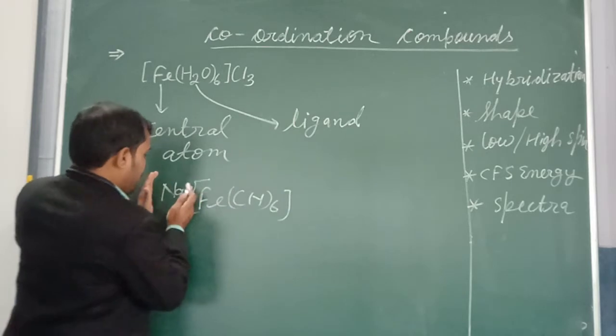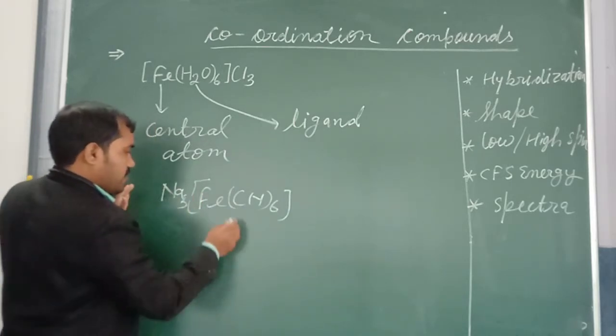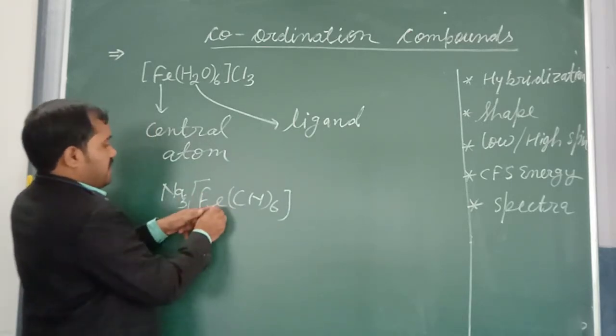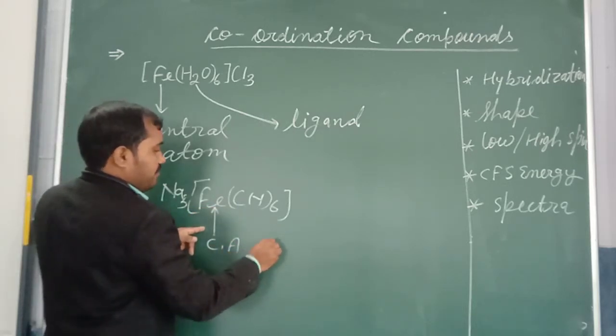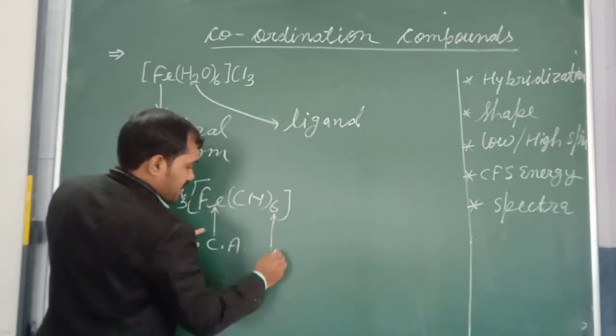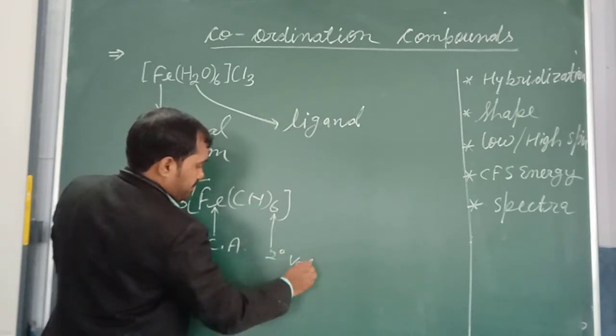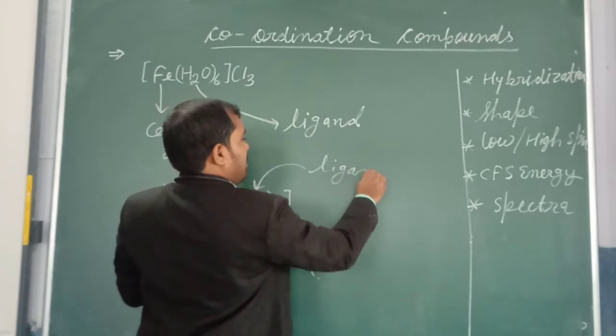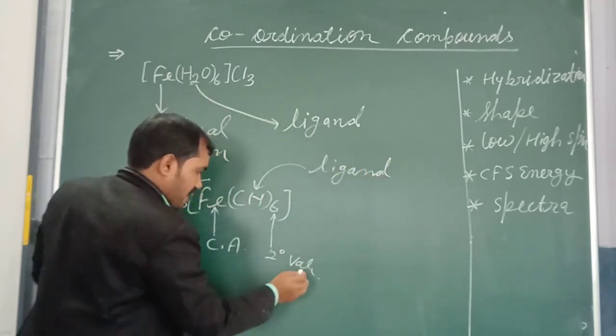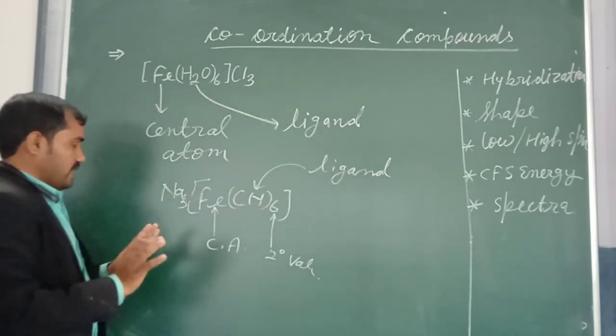Now this is the part of the ionization sphere. Here this is the central atom, this is the secondary valency, and this is the ligand. Understood, my dear? So please note this point.